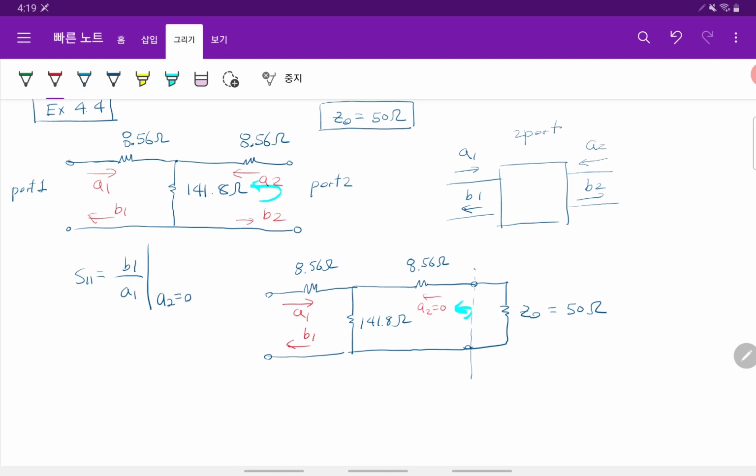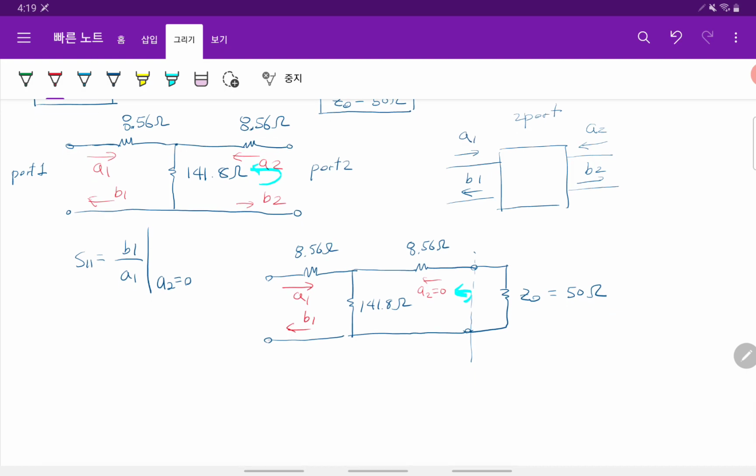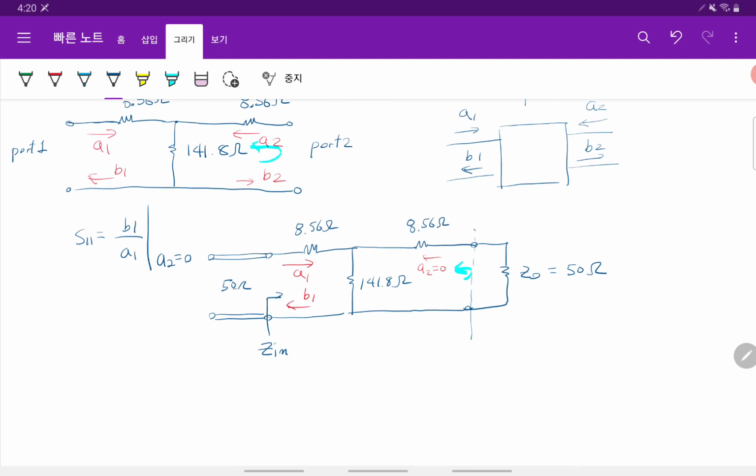So for this S11, let's say this circuit is based on 50 ohm characteristic impedance. So we need to calculate Zin, so that S11, gamma 1, right, which is (Zin minus 50 ohm) divided by (Zin plus 50 ohm), right?